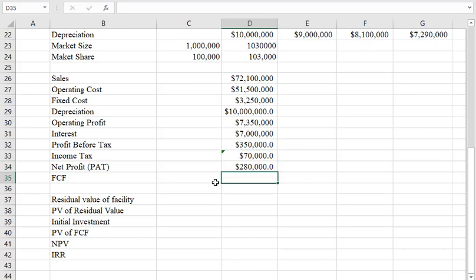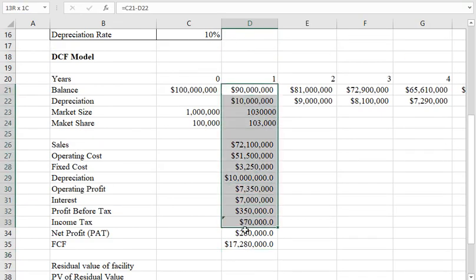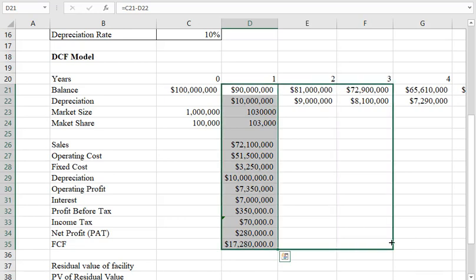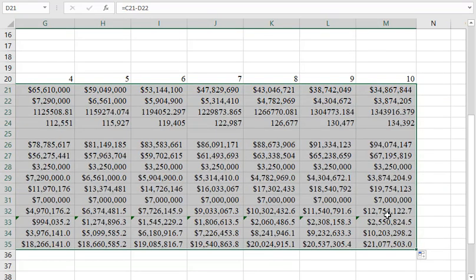Now finally the free cash flow is given by adding net profit with interest and lastly with the depreciation. Now these are the values calculated for the end of the first year, so we can copy these values to other years by dragging the cells up to the end of the 10th year.